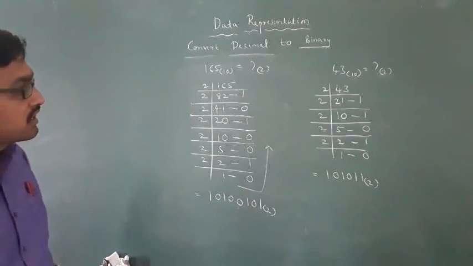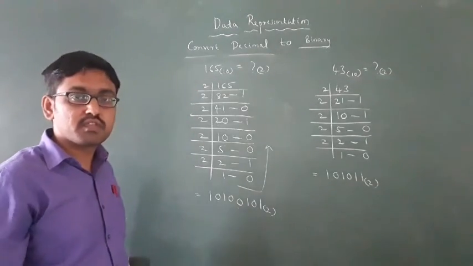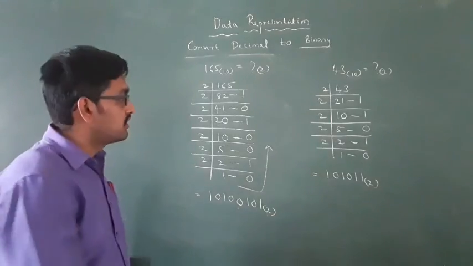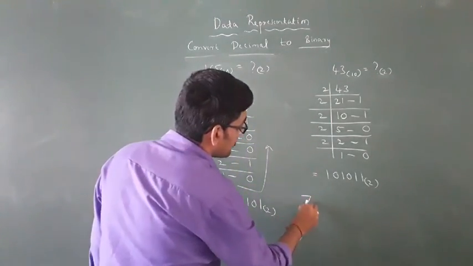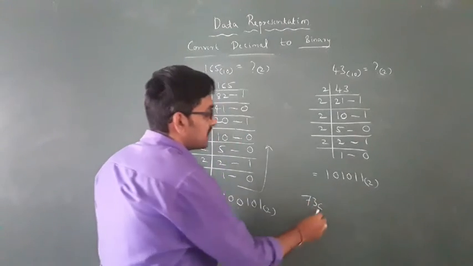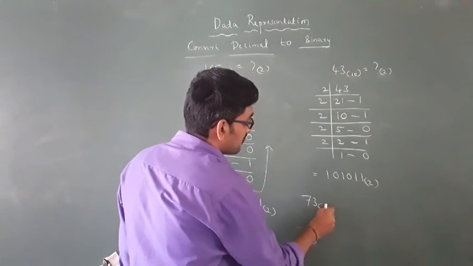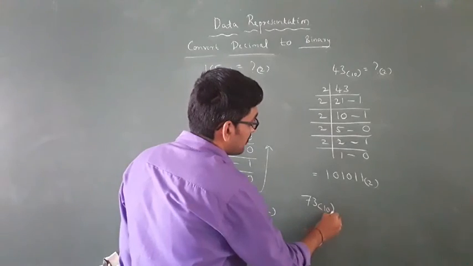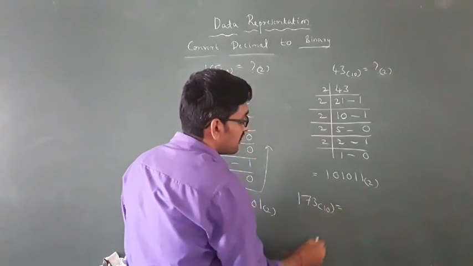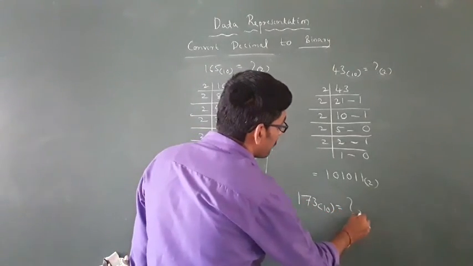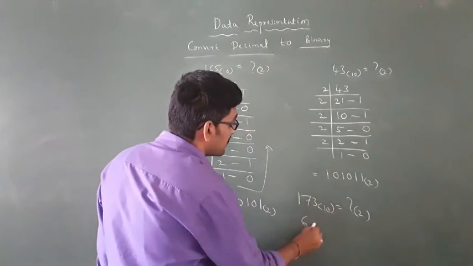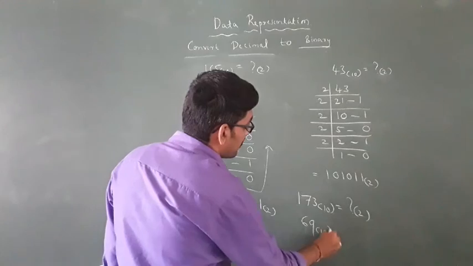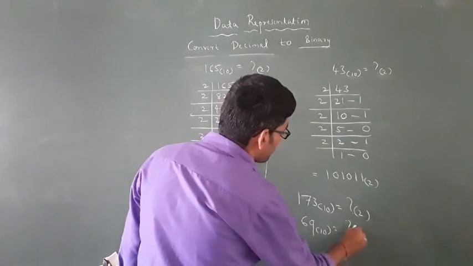Next, I have given some assignments. You have to convert 73, then take 173, it is in decimal, convert it into binary, then take 69, convert it into binary.